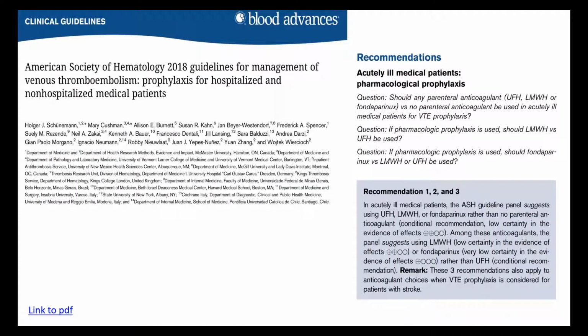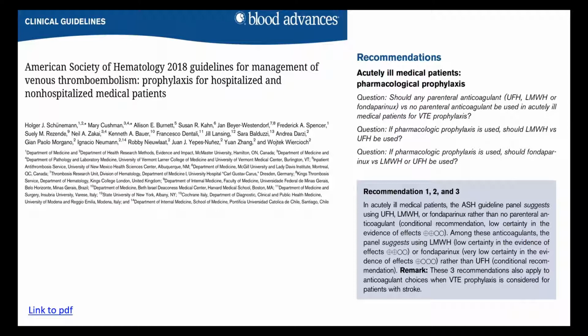Actually, the next slide shows the screenshot of the venous thromboembolism guidelines that include recommendations dealing with medical patients, dealing with a number of pharmacological as well as mechanical prophylaxis regimens. And these guidelines obviously include recommendations that address pretty much all of the main topics.